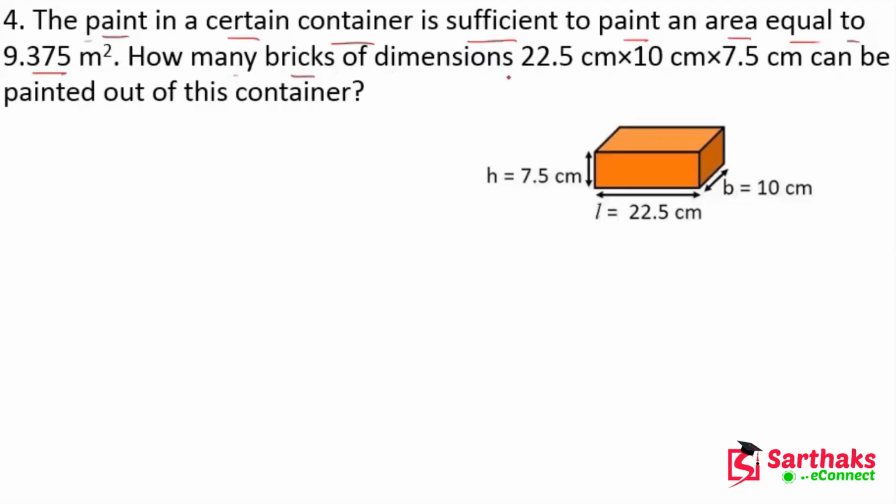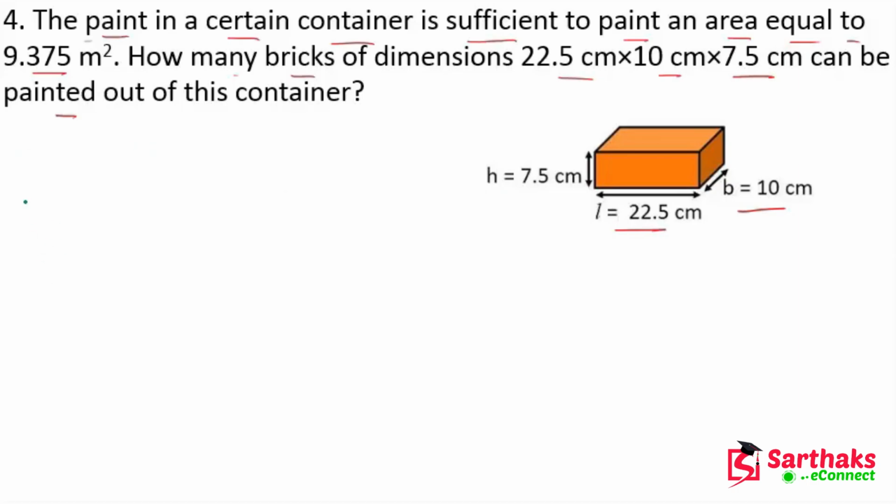So how many bricks of dimension 22.5 centimeter, 10 centimeter into 7.5 centimeter can be painted out of this container? We have bricks with length 22.5 centimeter, breadth 10 centimeter, and height 7.5 centimeter. We have to find the number of bricks that can be painted out of the container.